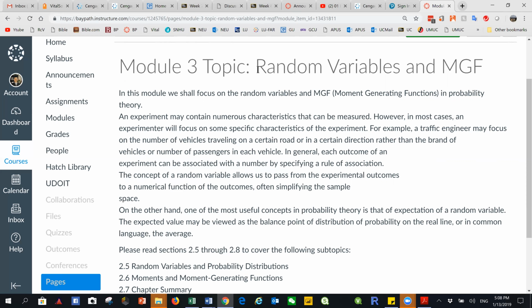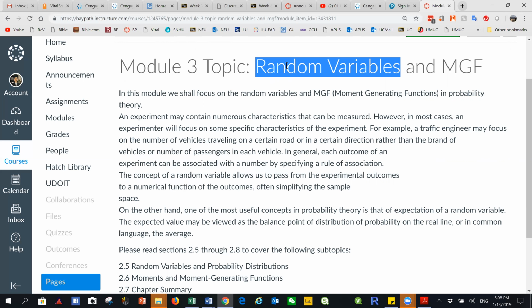But the probability for you to land on each number is according to a probability, which in this case, if it's a fair die, will be 1 over 6, about 16.7% probability for you to land on a specific number, 1 to 6. That is a random variable. There are random variables that can take on only discrete values. There are random variables that can take on continuous values, in the entire real line.